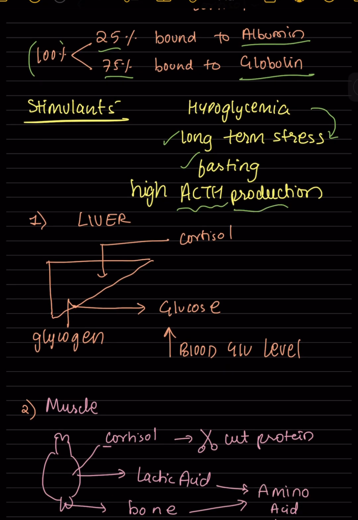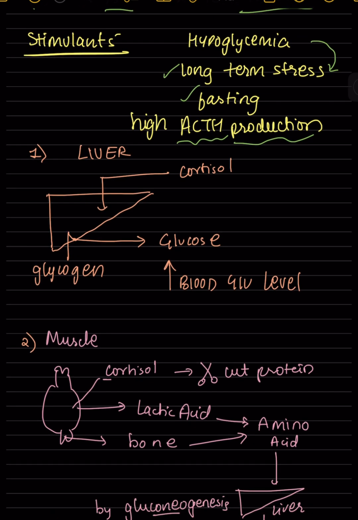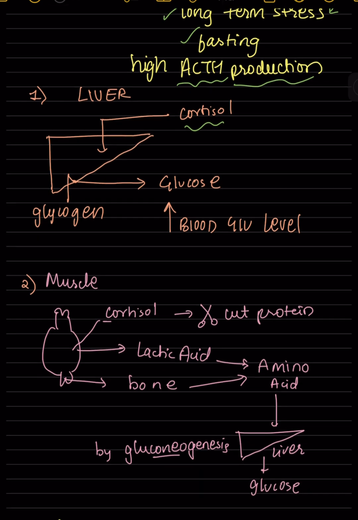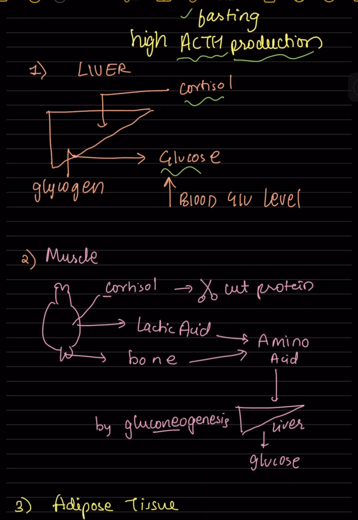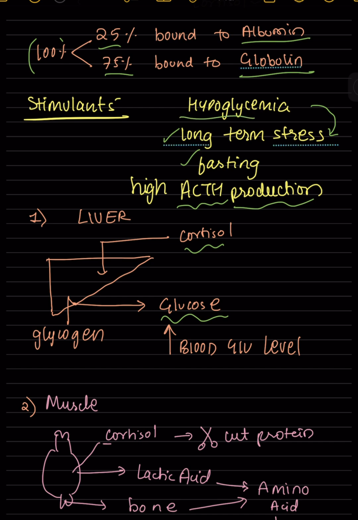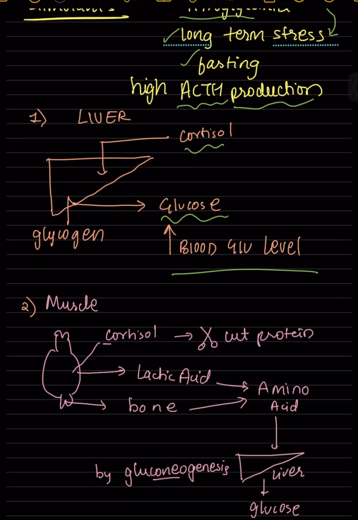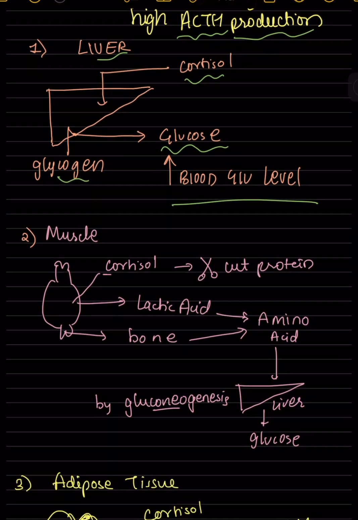Its effect on the liver: cortisol leads to formation of glucose, as the main stimulus is hypoglycemia. So its work is to increase the blood glucose level. It acts on the liver, which converts glycogen into glucose and hence increases blood glucose level. Second, it acts on the muscles.